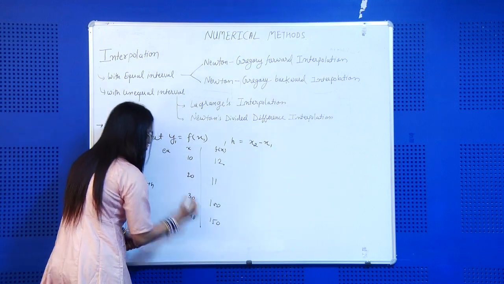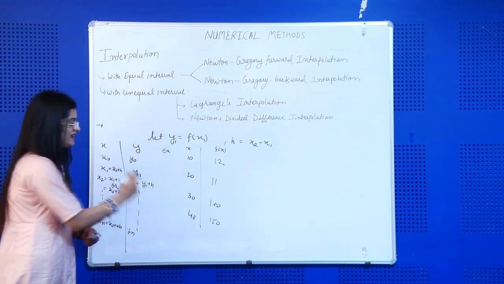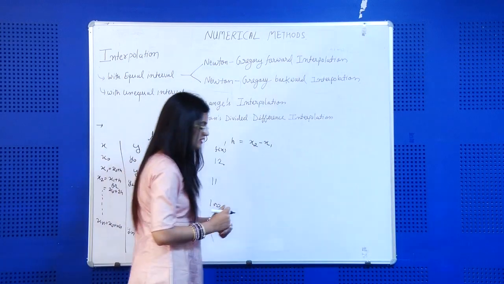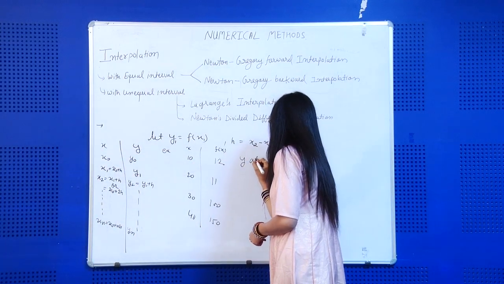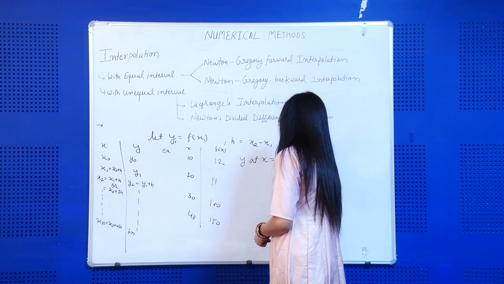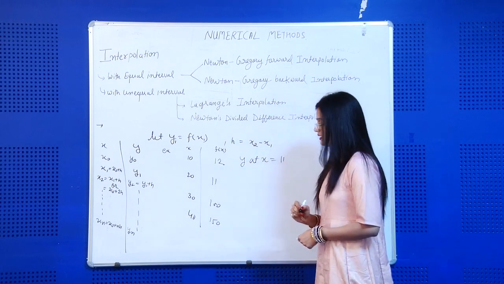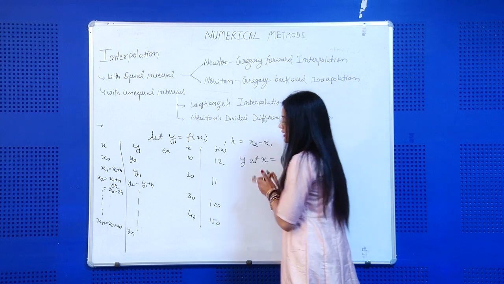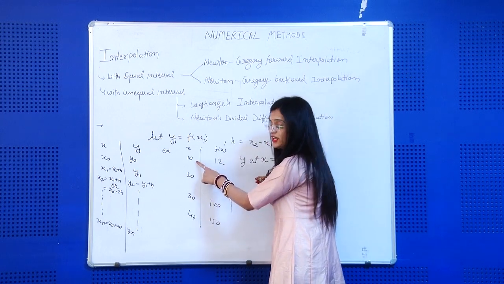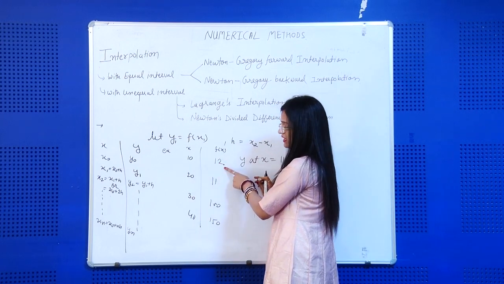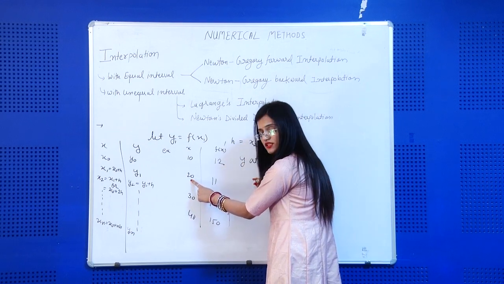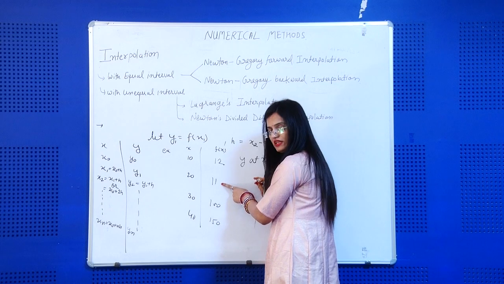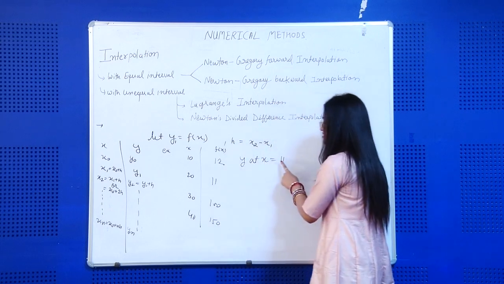I have two columns in my table, x and y, and my question is to find the value of y at x equals 11. In this question, I have position values. If my x value is 10, I get the y value 12. If x equals 20, I have a value of 11.